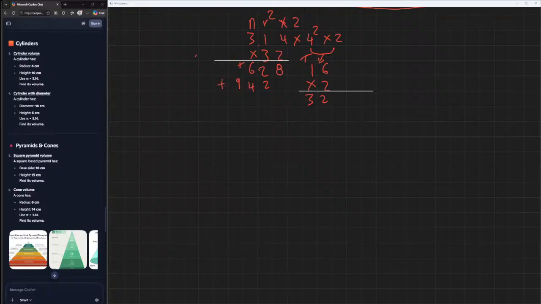Okay, plus 8, 4, 10. And 4, 10, 9 becomes 10. And then we have 2, so 100.